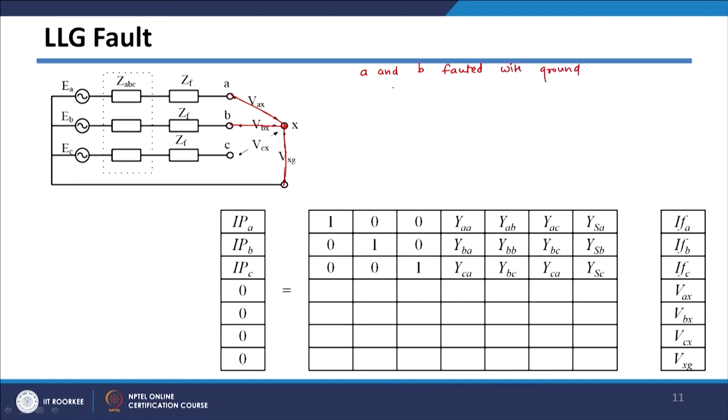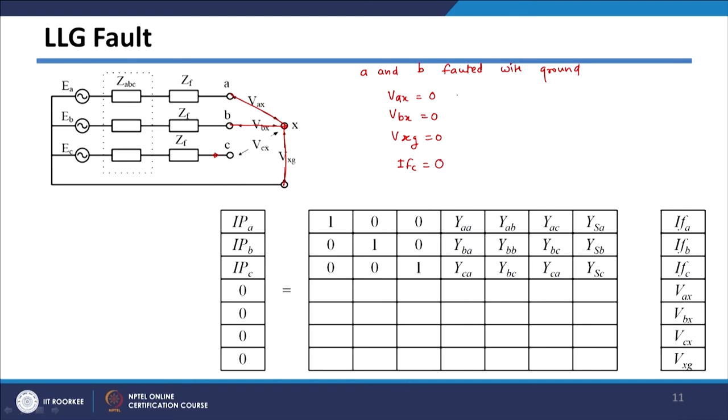In that case your VAX will be equal to 0, VBX will be equal to 0 and VXG will be equal to 0. And one more equation we need, that we can get since there is no fault on phase C, so your fault current IFC will be equal to 0. So we can put these 4 equations into this matrix system.